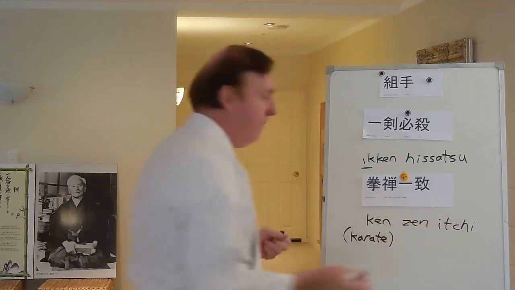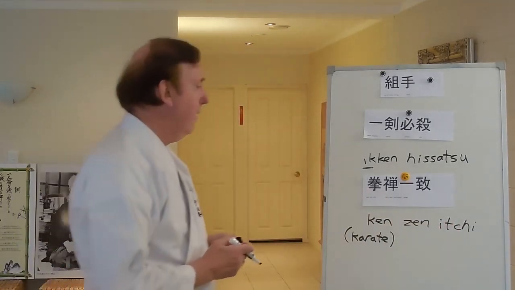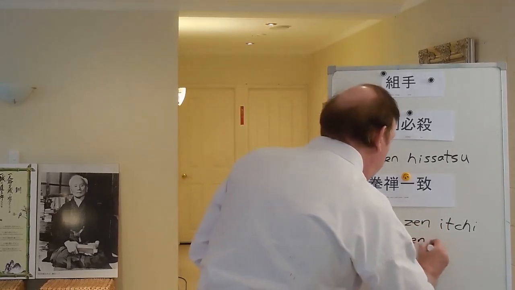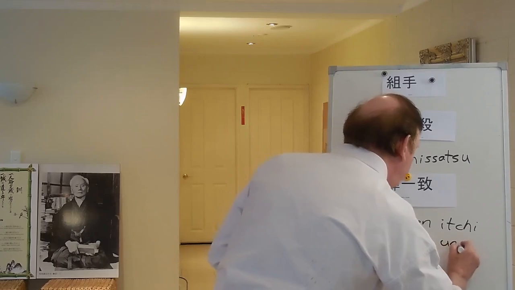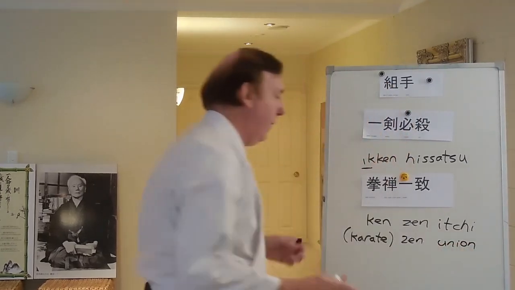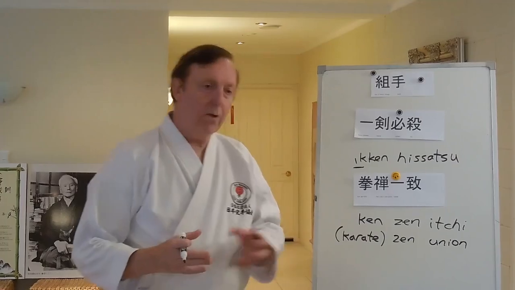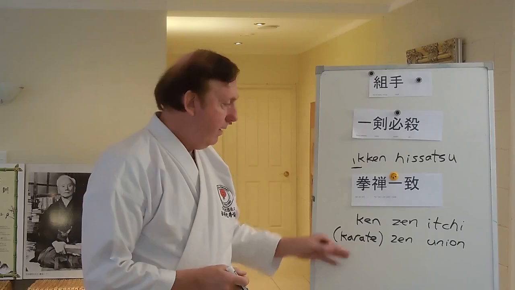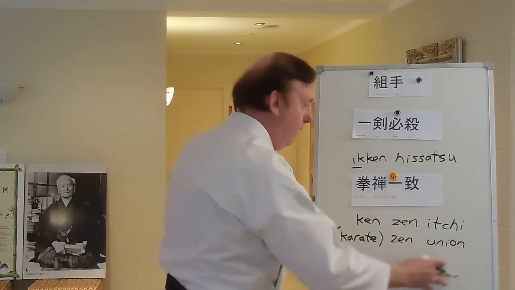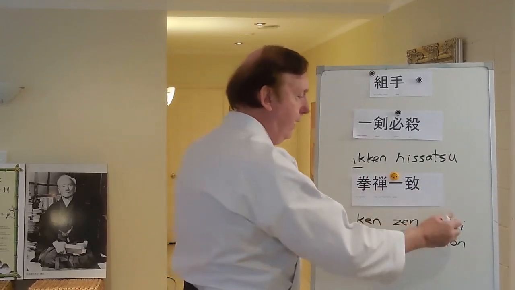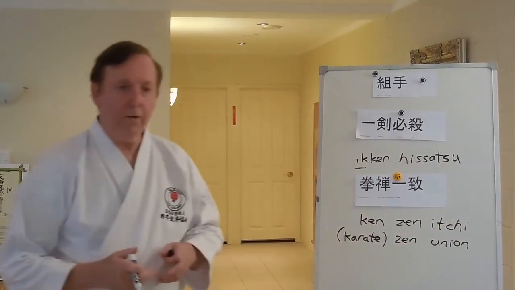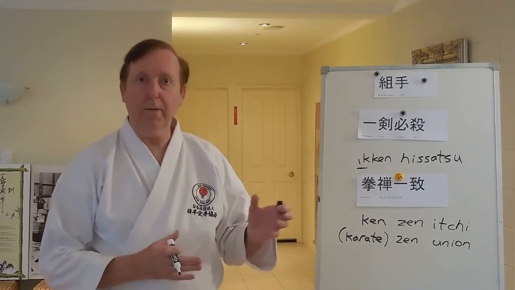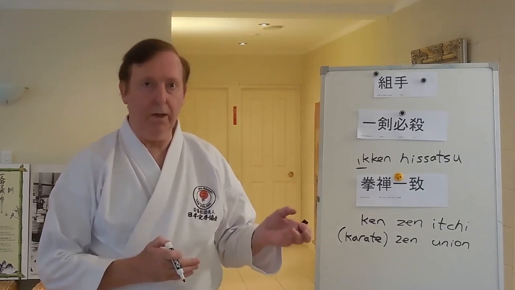So zen is the Buddhist principle of zen philosophy, and ichi means a union, or a coming together, so two causes, if you like, come together as one. So karate and zen come together as one, and then we get ken zen ichi nyo. So this is a traditional martial art concept of karate coming through from our roots in Bushido.